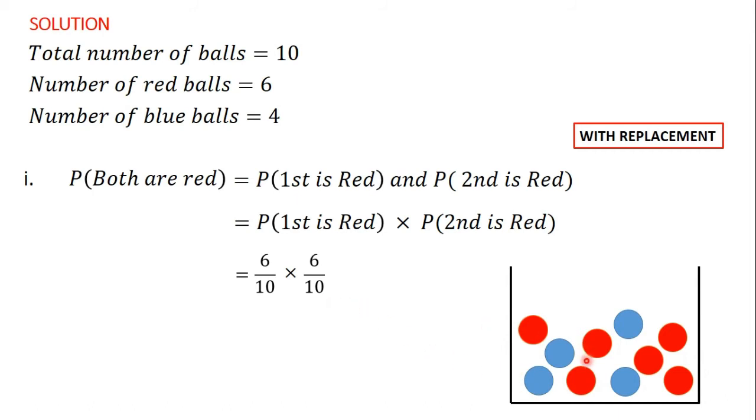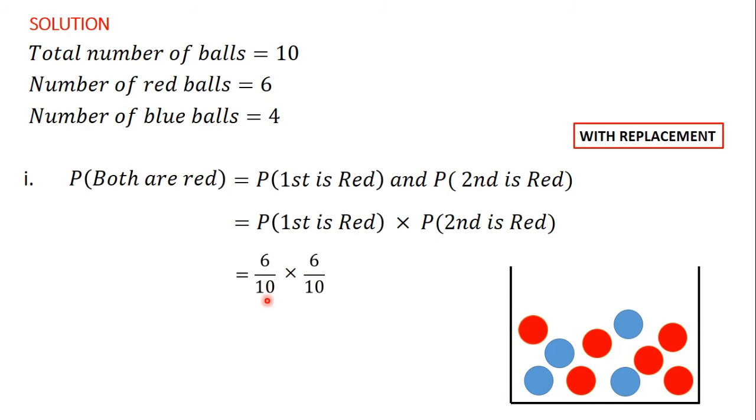So if you are picking with replacement, it means that after you've picked the first ball, you drop it back into the box, then you pick the second ball. So the probability that both balls are red is equal to the probability that the first ball is red, which is 6 divided by 10, times the probability that the second ball is red, which is also 6 divided by 10, because we are picking with replacement.